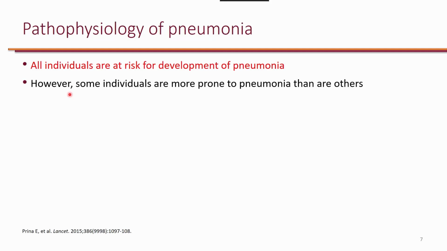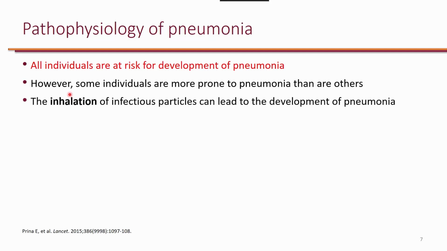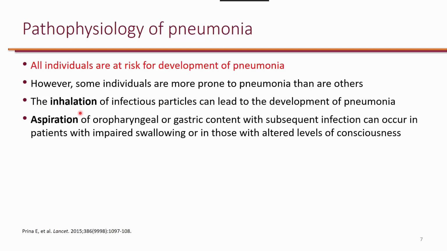Now, some individuals have higher risk of getting pneumonia. There are different ways of getting pneumonia. Inhalation is the most common route. Inhalation of infectious particles is the primary route that leads to development of pneumonia. Aspiration of oral flora can also lead to pneumonia, which we call aspiration pneumonia.